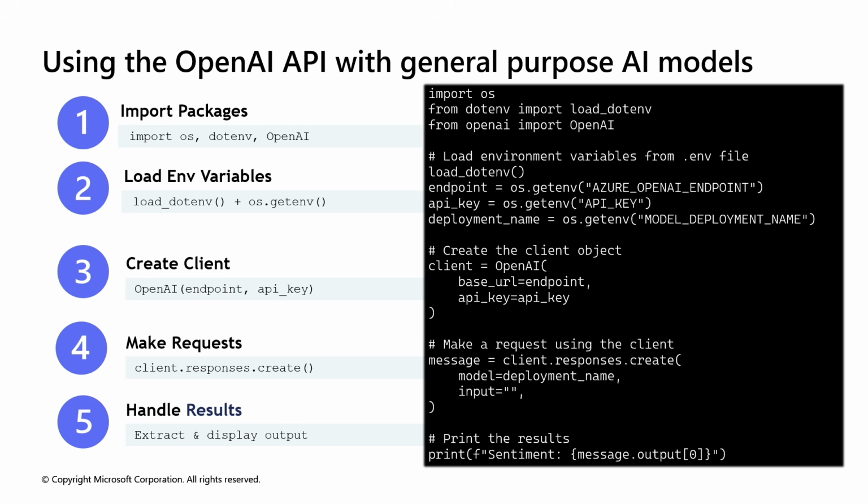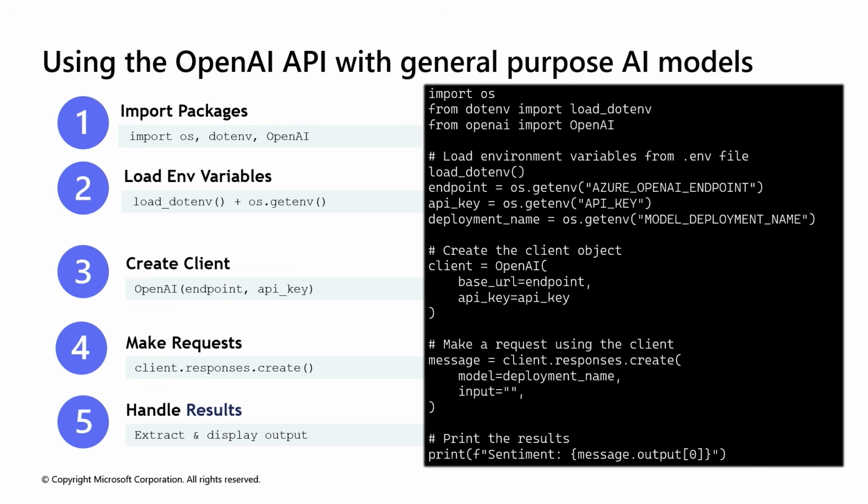Next, the application loads configuration values from environment variables. This is done using a .env file and utilities like load_dotenv and also os.getenv. Here is where values such as the Azure OpenAI endpoint, the model deployment name, and the API key from your Foundry project are read securely. Nothing sensitive is hard-coded into the source code.